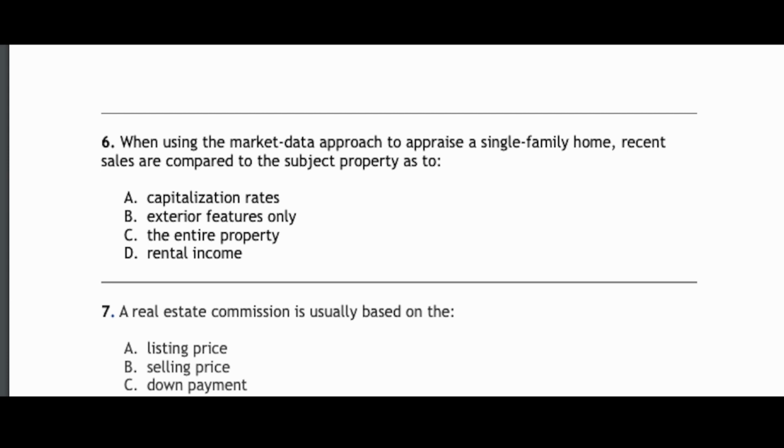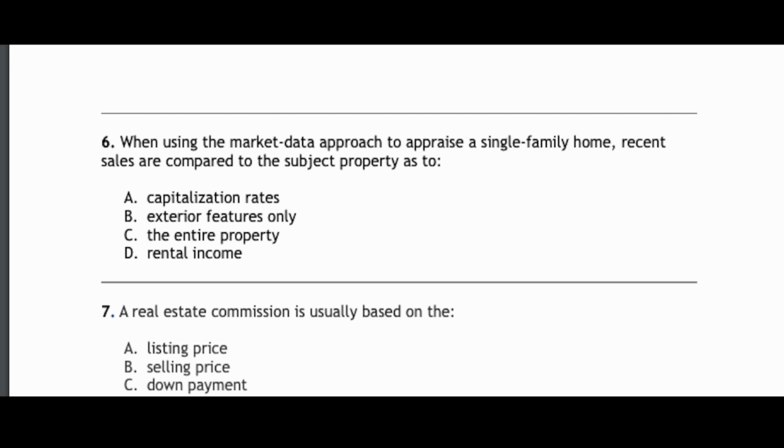When using the market data approach to appraise a single-family home, recent sales are compared to the subject property as to A, capitalization rates, B, exterior features only, C, the entire property, or D, the rental income.